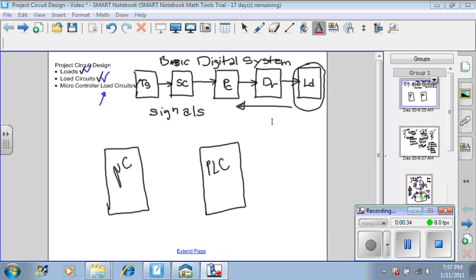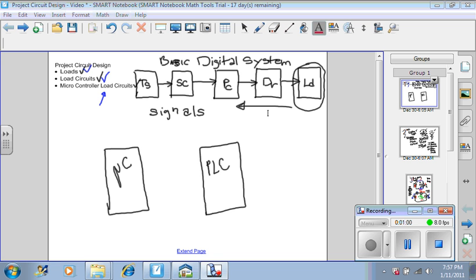So for small devices like LEDs and buzzers, the microcontroller is well suited to drive these loads directly. But if you want to use the microcontroller for operating high voltage and high current components, unfortunately it just does not have the energy itself because it's a very sensitive device.